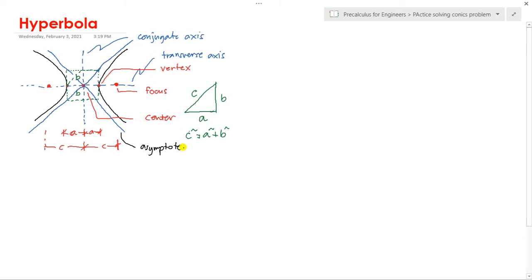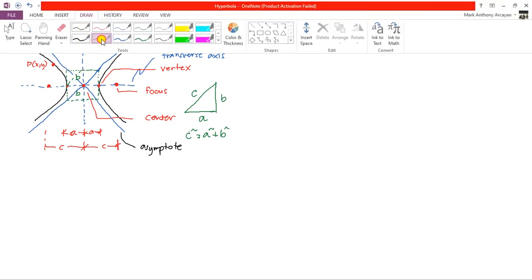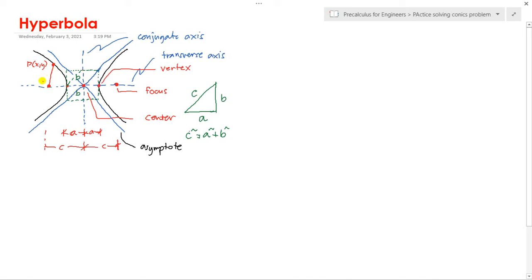So here is how the hyperbola is generated. Let's say we have a defined point here. So this is point P, with coordinates x and y. The hyperbola is a collection of points such that the difference of the distances is constant. So it is the opposite of the ellipse. Here, the difference of the distances from point P to the first fixed point, this is D1, and the second point, this is D2, whichever is larger, so it is D2 minus D1 so that it is not negative, is equal to 2a.